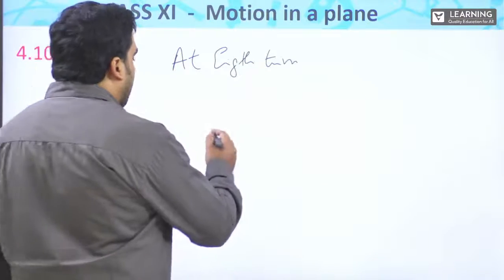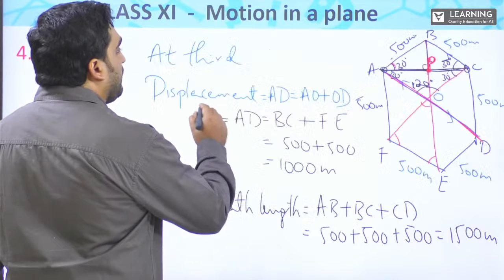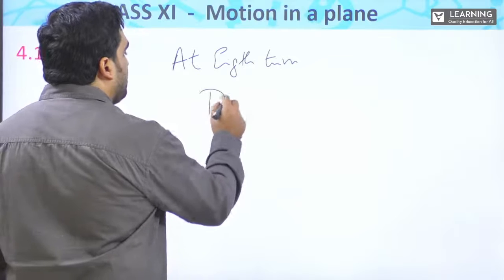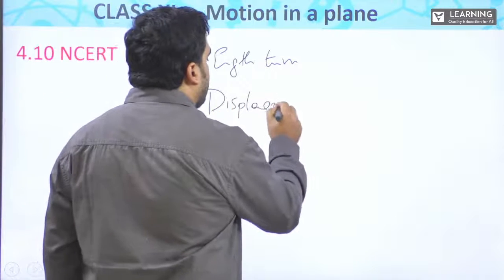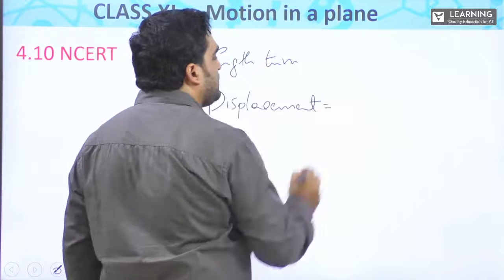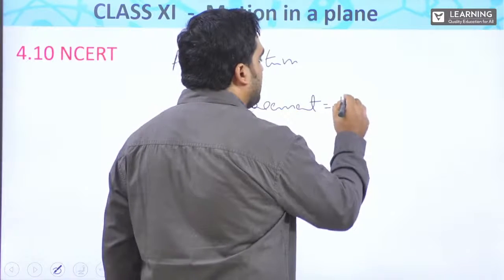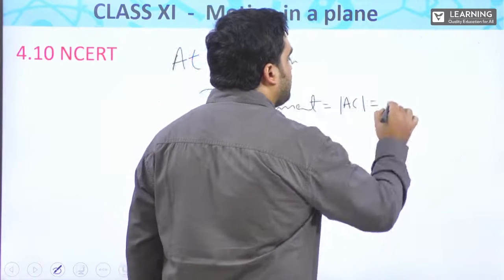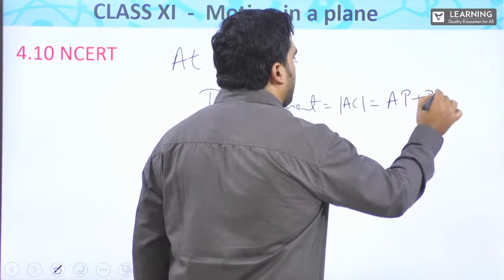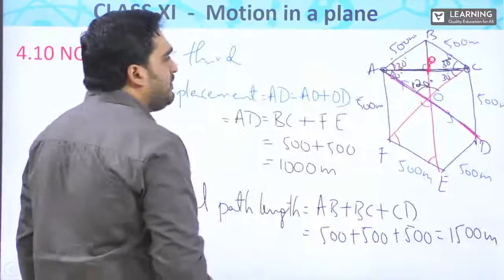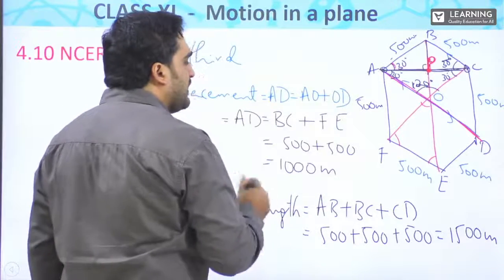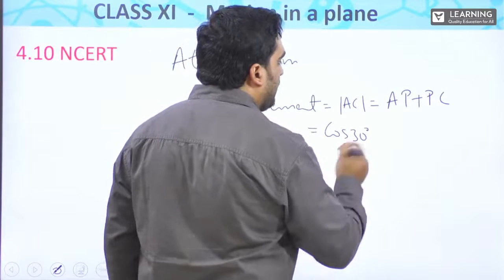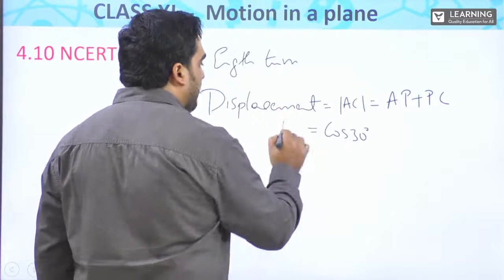So let's go ahead. At eighth turn, displacement, which is equals to AC, magnitude of AC, which is equals to AP plus PC. AP length, I use cosine trigonometry ratio cos 30 degree to find AP.